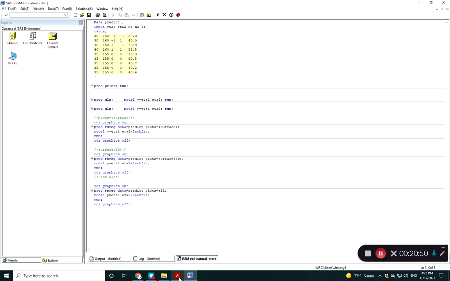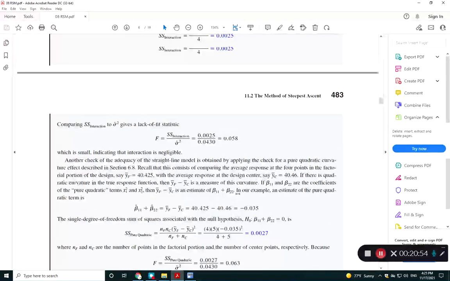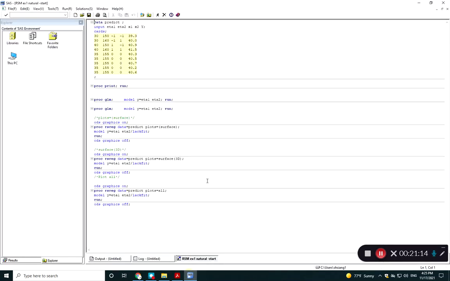People, look at here. Your handout has 4 corner points and 5 center points, coded in their natural variable, coded as positive 1, negative 1, and then you have 4 corner measures and 5 center measures. See that? And look at the SAS.